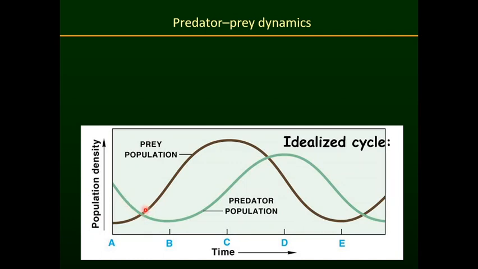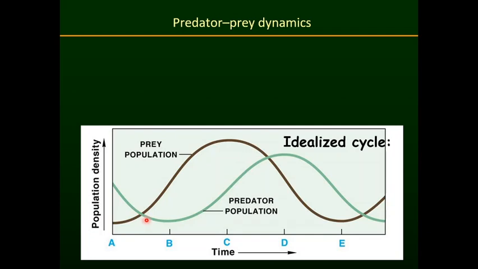Because there's few predators, prey populations are now getting a break. They can reproduce and lots of their offspring can survive. They're doing well in the ecosystem because there's not as many predators to eat them. So prey populations start to grow, and they grow very rapidly during this phase, right about here along the timeline. But of course, that can't last.